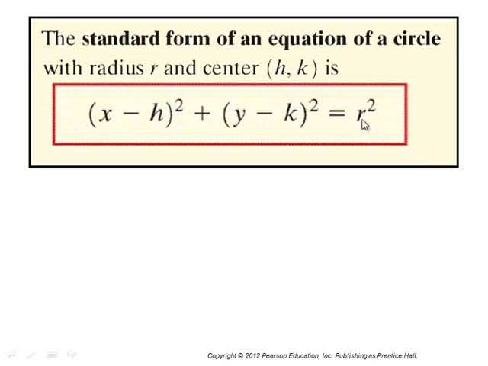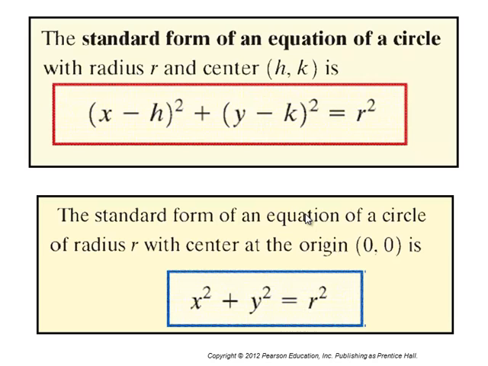So when you square both sides, you have this equation. And this equation right here is the standard form of an equation of a circle that is centered at h for the x-coordinate and k for the y-coordinate, and radius r squared. Okay?